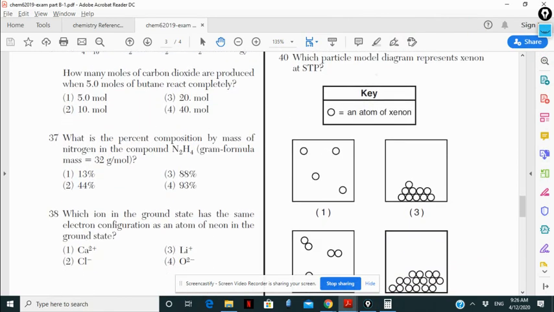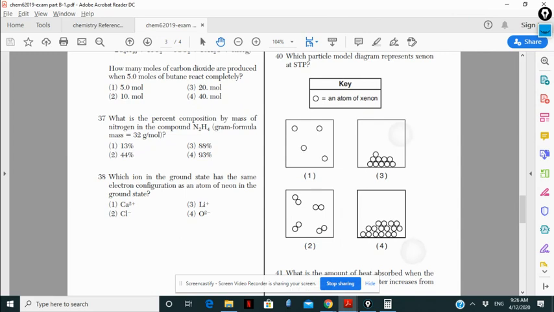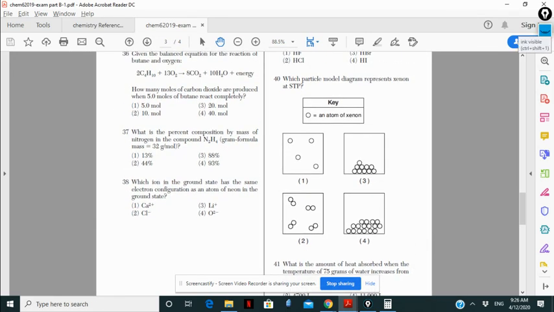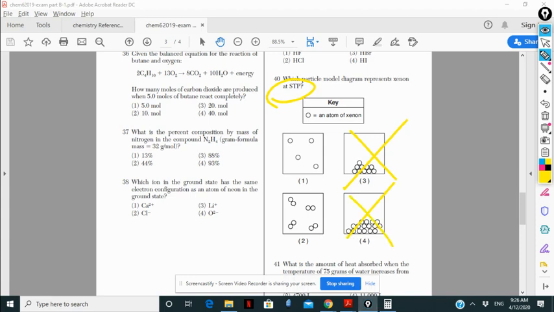Question number 40. Which particle model diagram represents xenon at STP, standard temperature and pressure, gas? So the particles are away from each other. They can't be close to each other. So now I have either one or two.